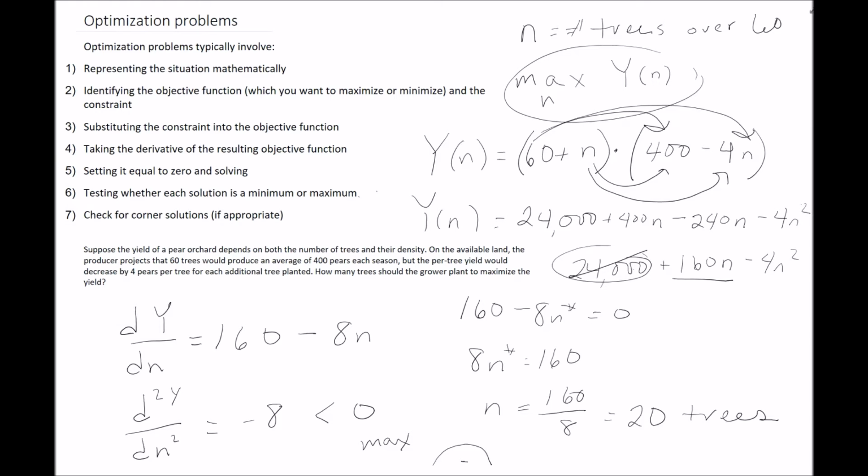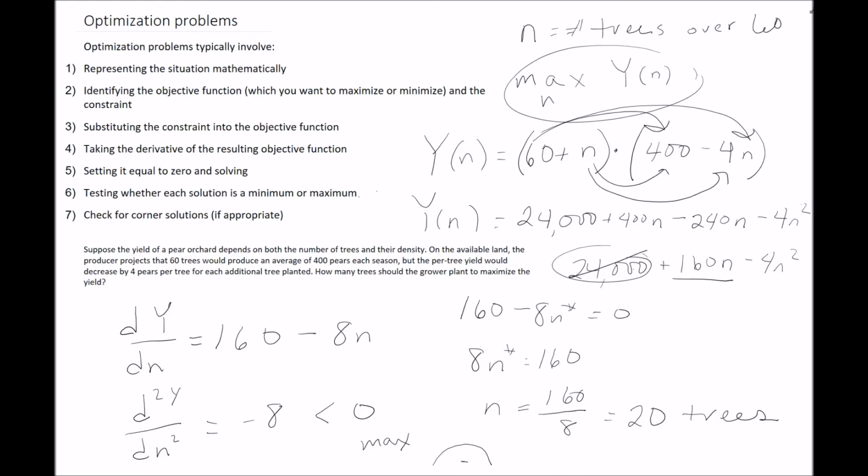I'd also at this point want to check that my answer was on a valid domain. So if I had come up with a negative number, for example, that would not have been a viable option. Similarly, if the farmer was liquidity constrained, only had the ability to buy 10 more trees, then I would have had a corner solution and the answer would have been 10 trees.